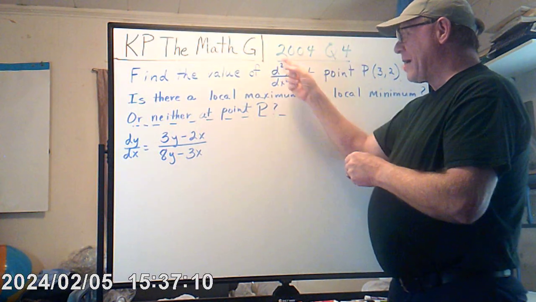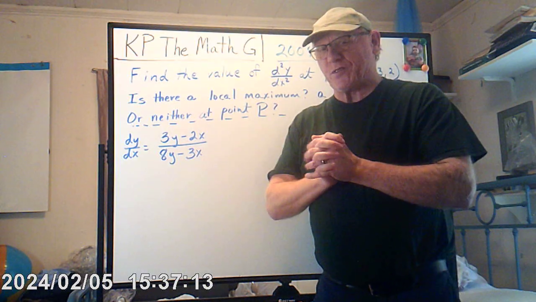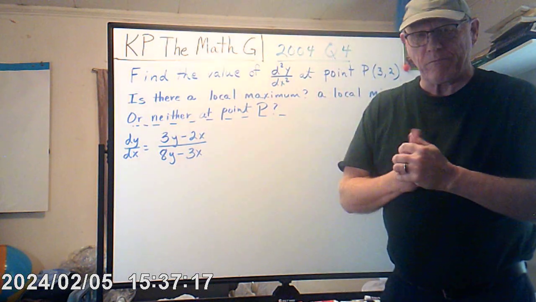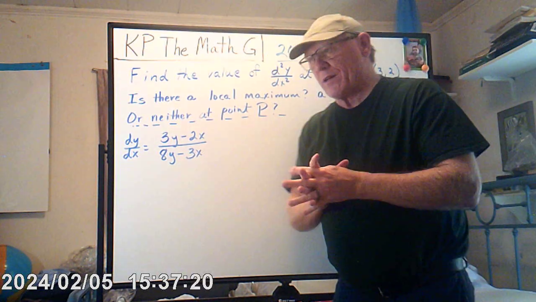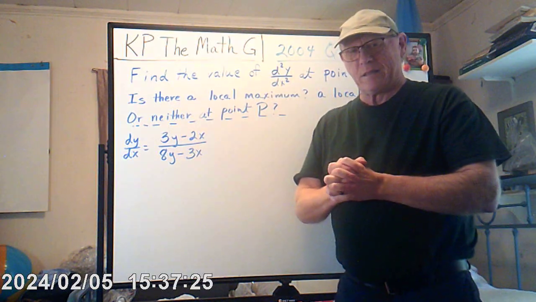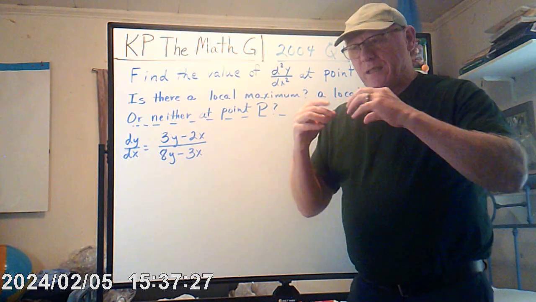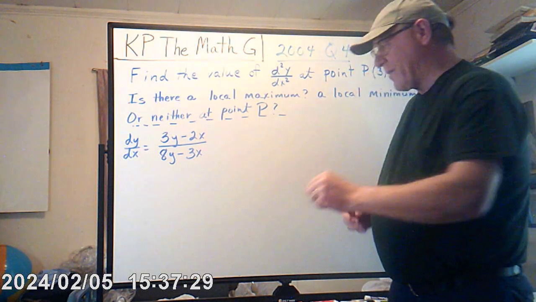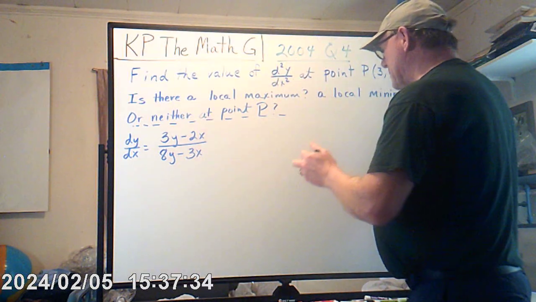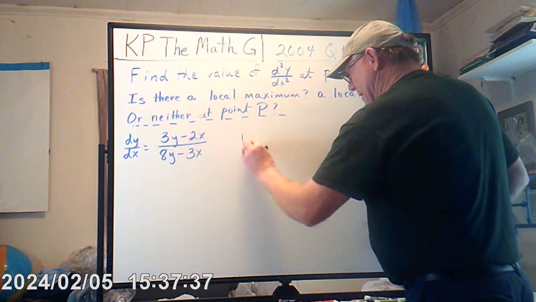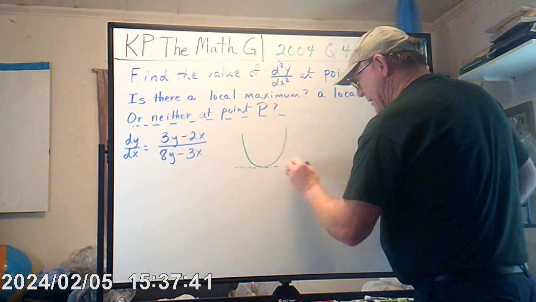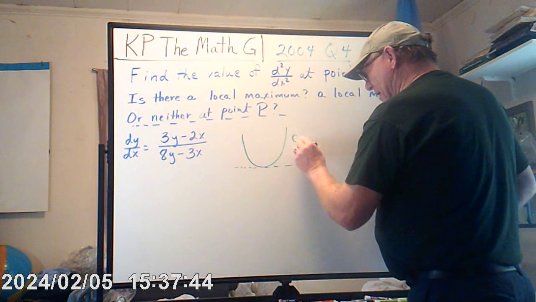Now, what happens if we're finding the second derivative? What's the significance of that? When you think about it, you are looking for concavity here. The second derivative means that you're looking to see if this graph, if this horizontal point is down here like this, and I'm just going to dot the line, that would be concave up.